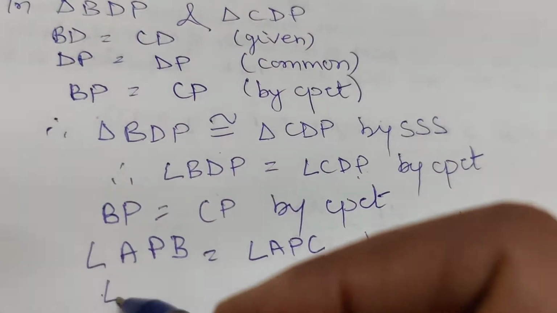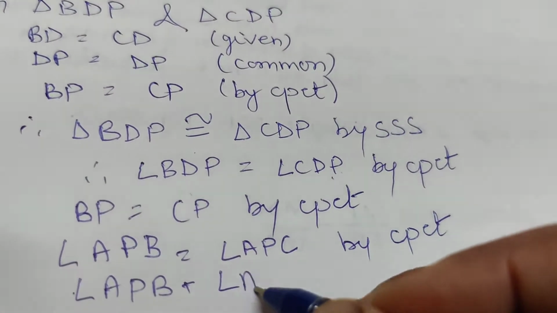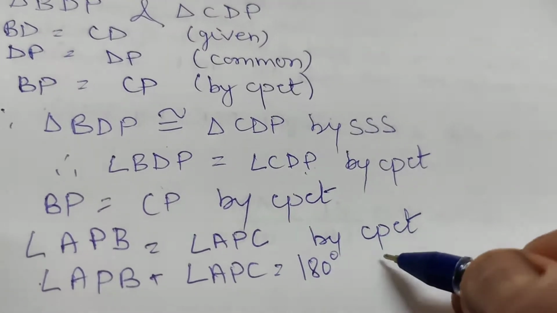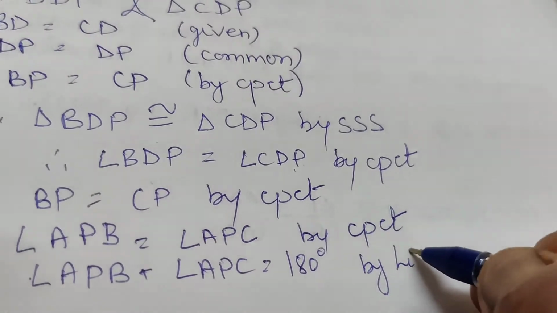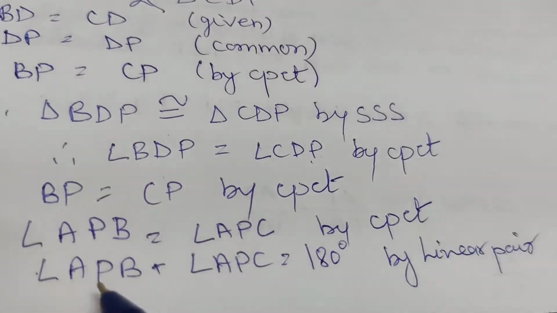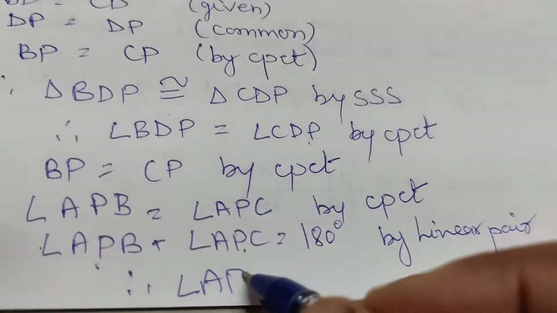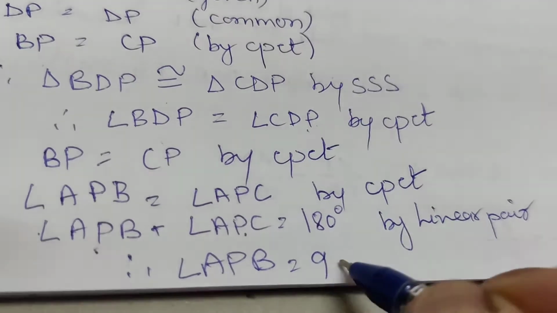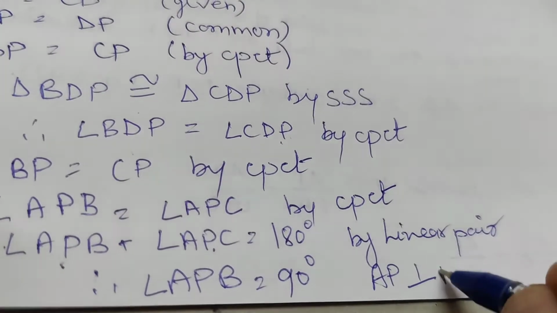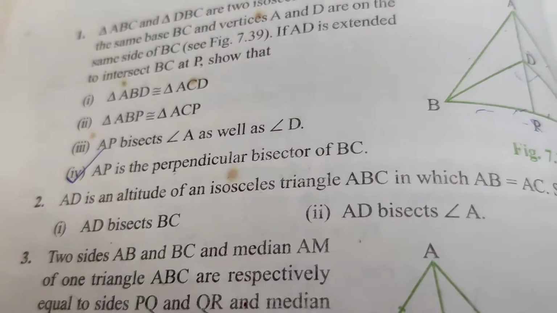And the sum of these two angles, APB plus angle APC, equal to 180 degrees by linear pair. If these two angles are equal, therefore each angle equal to 90 degrees. It means AP is perpendicular to BC. Hence proved.